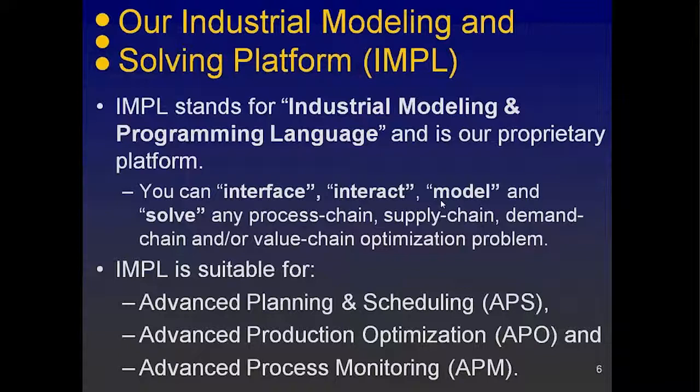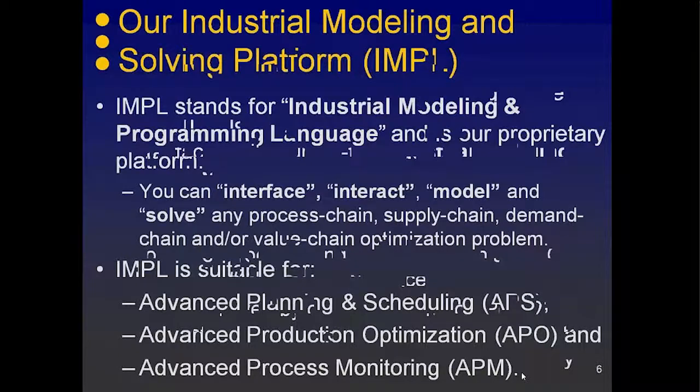As I mentioned previously, this allows you to implement problems quicker. Our target is, as mentioned previously, advanced planning and scheduling, and advanced production optimization or process optimization. People would call this real-time optimization, as well as advanced process monitoring types of applications, where we use data reconciliation techniques to solve that.